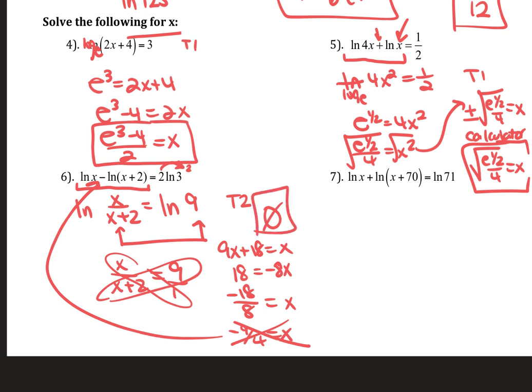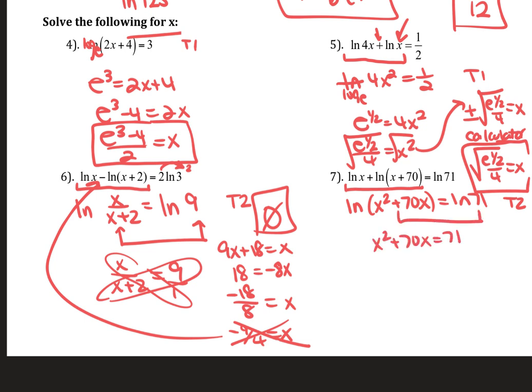And last but not least, number 7, natural log, no coefficients, so it's just the product because of the plus. One term on the left, one term on the right, type 2. Natural log on both sides, I could drop the word log and set those two things equal to each other. Quadratic, so get everything on one side equal to 0.